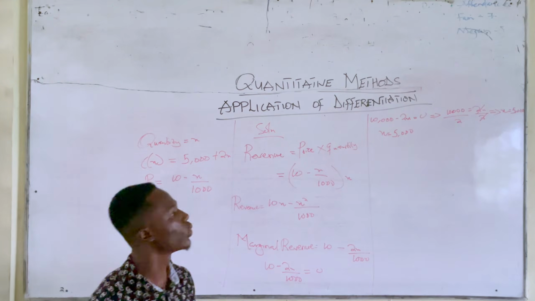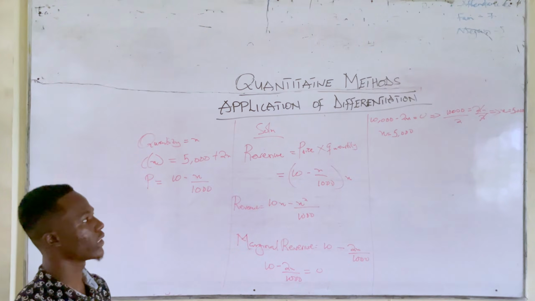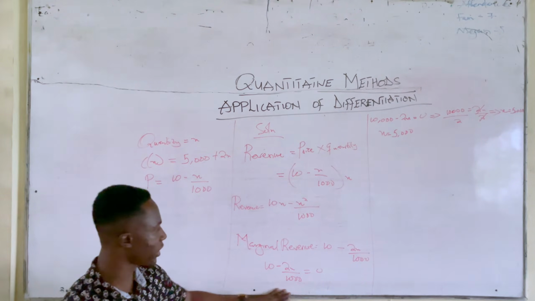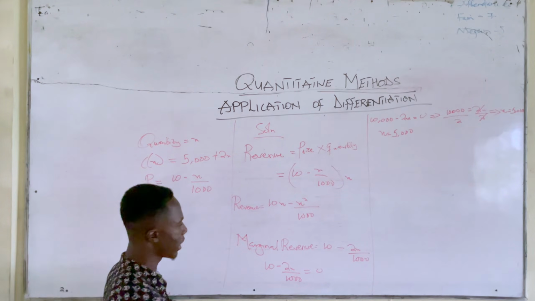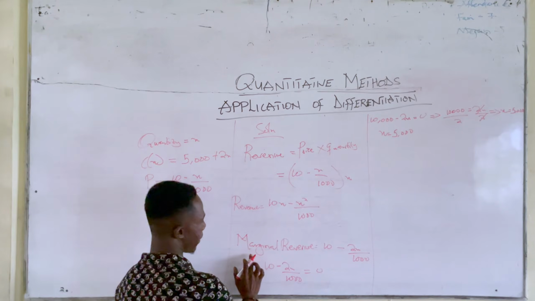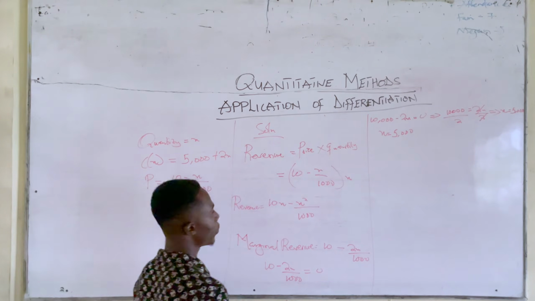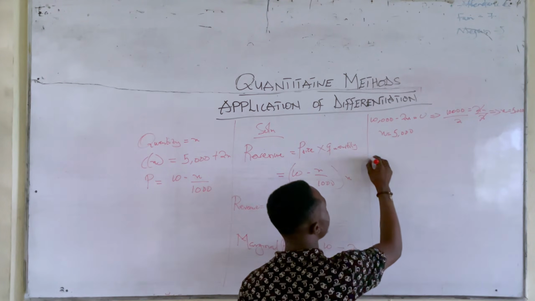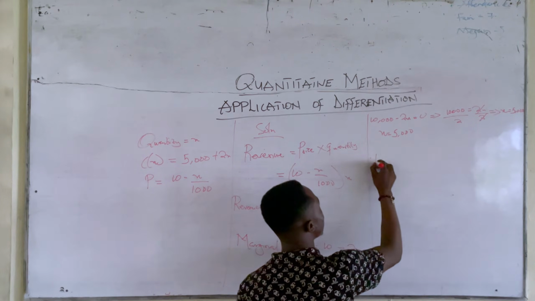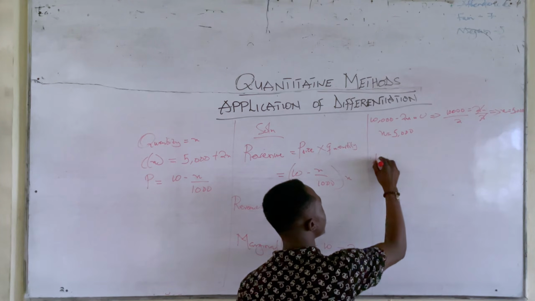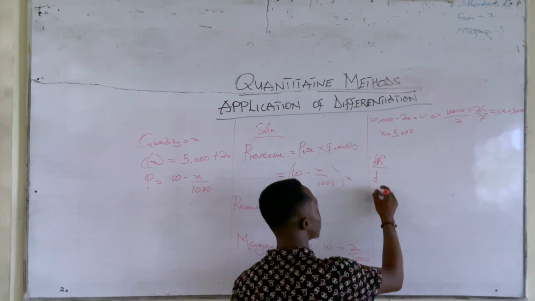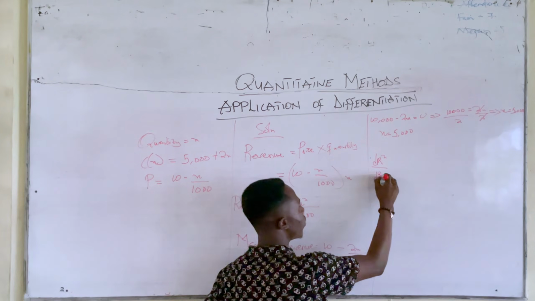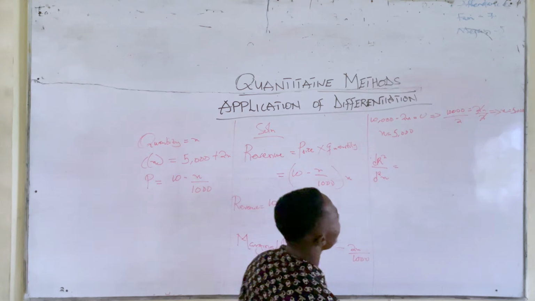Now we are going to check whether it is a maximum or minimum, so we have to find the second differential. This one is MR, so we can say d squared R over dx squared.